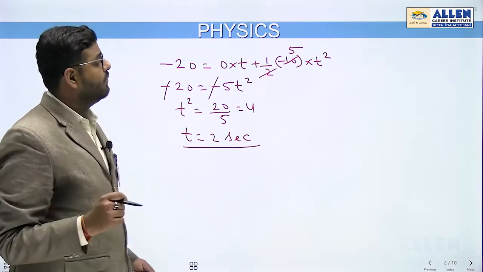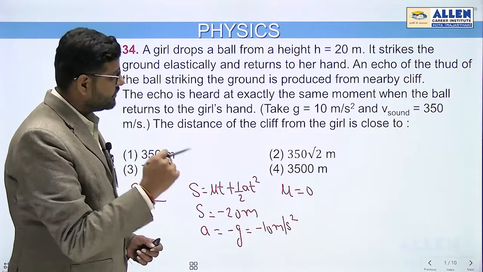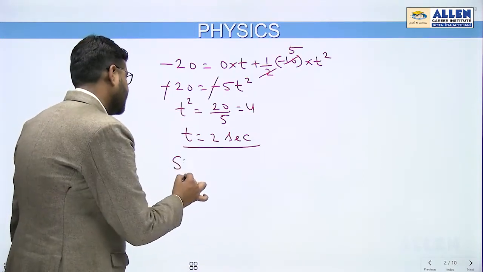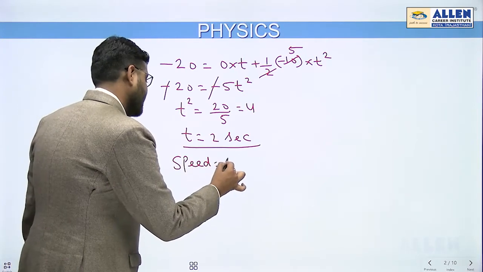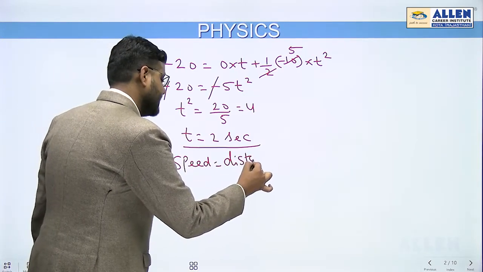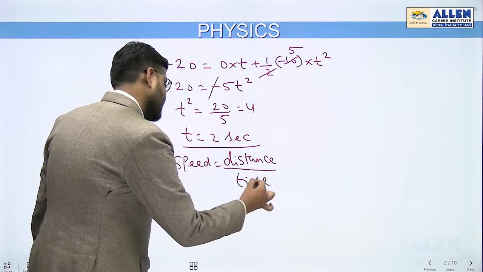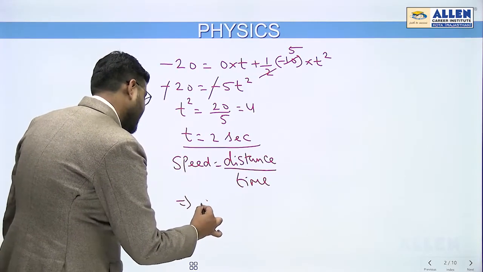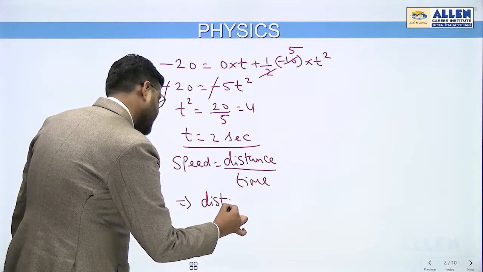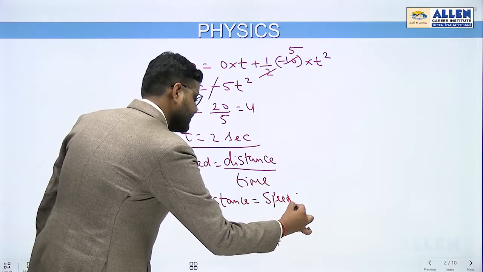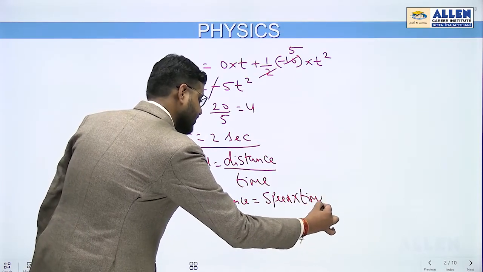Now we have to find the distance of the cliff from the girl. We know the formula speed is equal to distance by time, or distance is equal to speed into time.